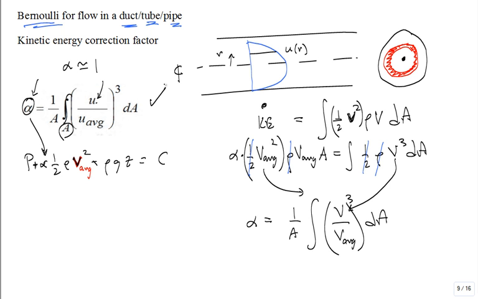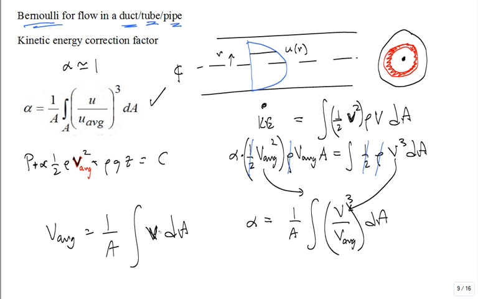And there you go. That's the equation. The derivation of that equation is just like the derivation of, what was the equation for V average? Was it 1 over A integral of V dA? Just like that.